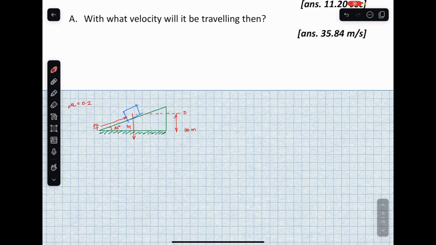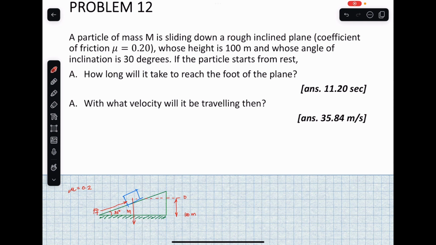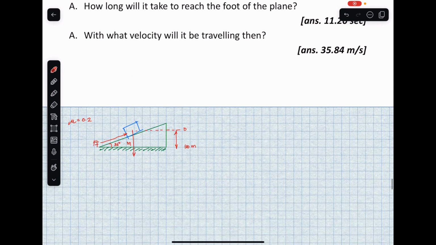So initially, for the inclined plane. Okay, the air resistance is not given, so we're assuming that will be 0. So initially, it starts from rest, so the initial position is 0 as well.